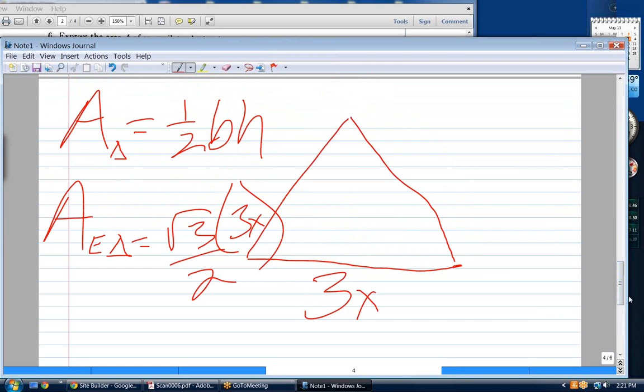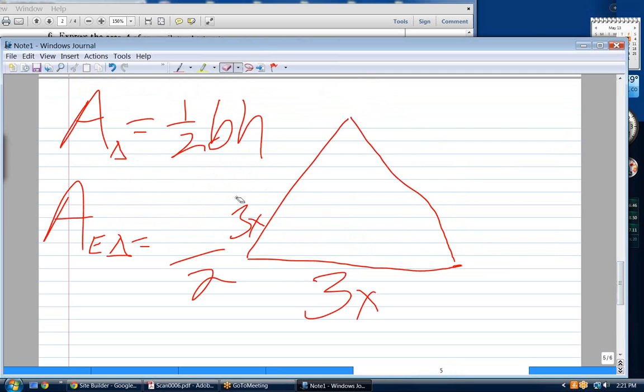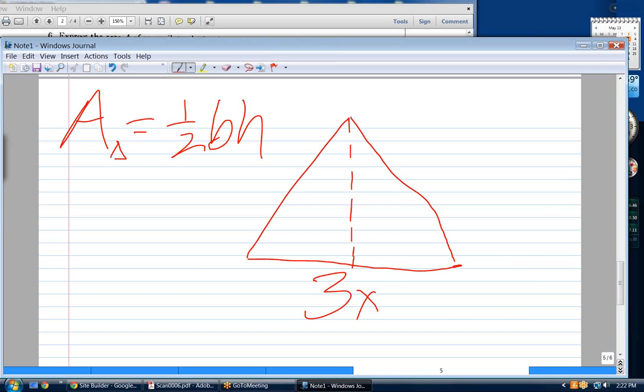Well, let's not use this because I'm not positive about it. Okay. And figure out what the area of this triangle is. All right. This triangle here is a 60-30, and this base here is 1.5x. So what is this altitude here, or height?